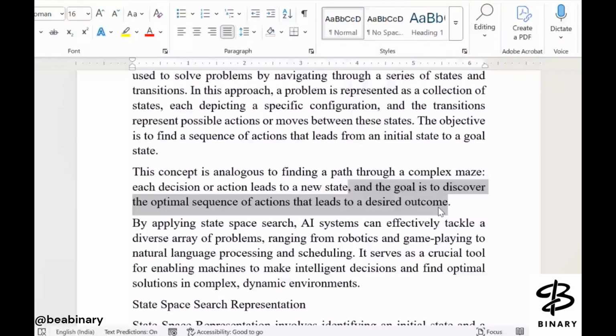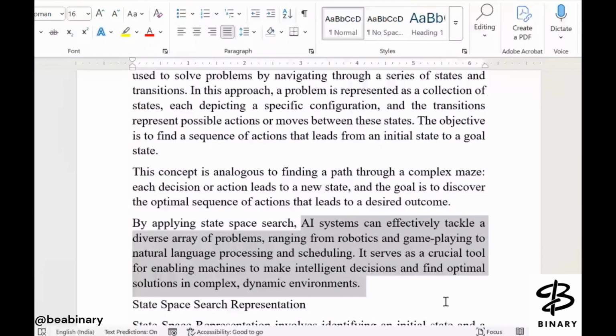So by applying the state space search, first we are discussing this and then we will discuss it with a complete graph also. An AI system can effectively tackle a diverse array of problems ranging from robotics and game playing to natural language processing and scheduling.